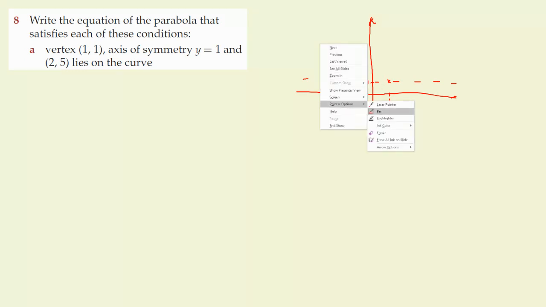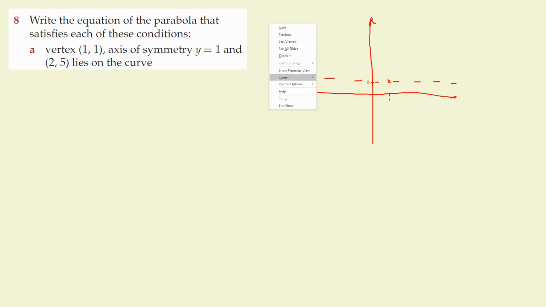So how do I know it's going this way round rather than the other way round? Because both are possible. Well, I know that because I know that (2, 5) is on the curve. (2, 5) is out here, so it must have approached like that.